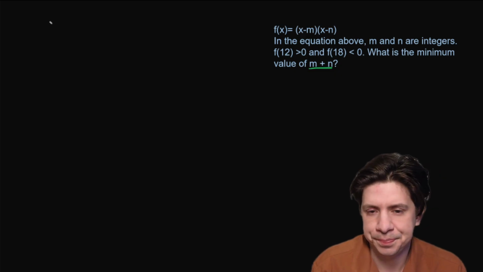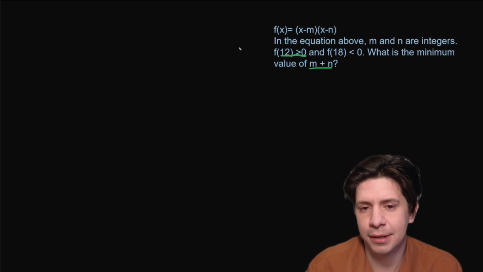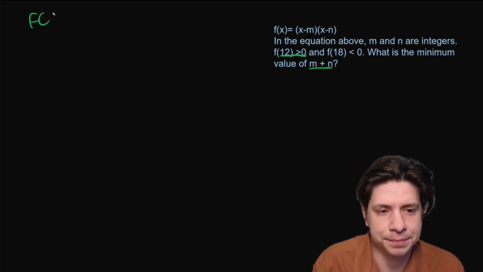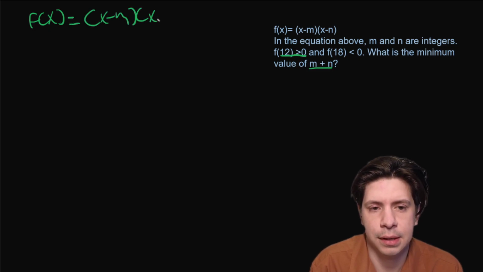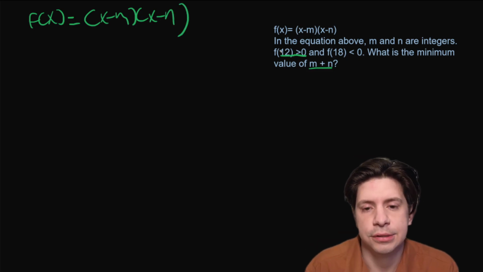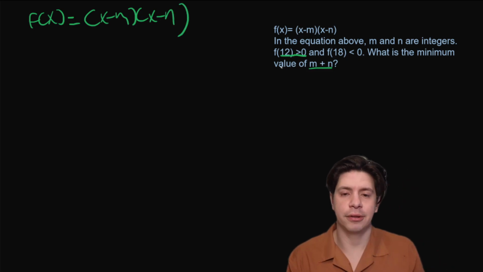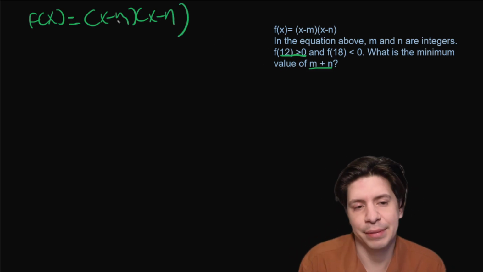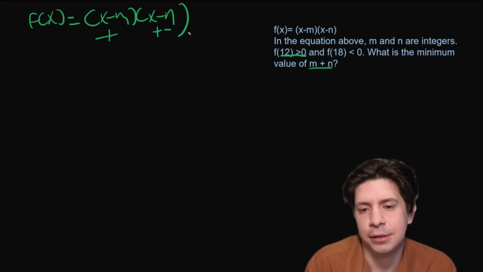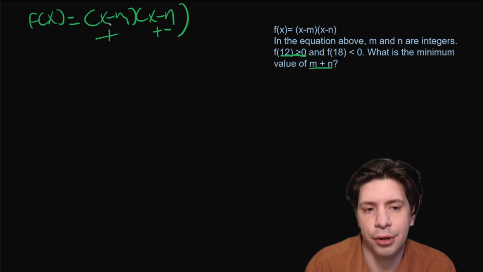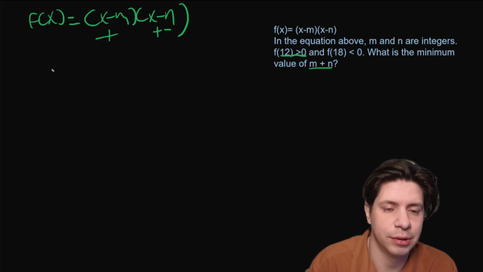So if it's positive, right? So we have f of x equals x minus m, x minus n. So when you have f of 12 is greater than 0, that means either they're both positive or they're both negative. So either both of them are below 12 or both of them are greater than 12.